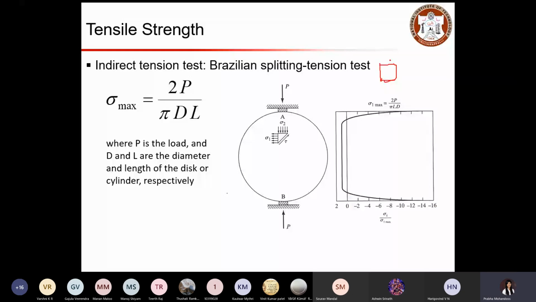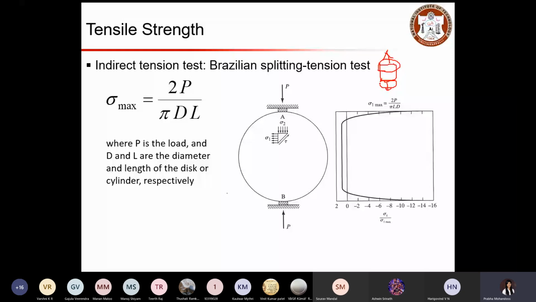When you have to pull the concrete in this way to apply direct tension, you need to grip this portion. So you have to fabricate some special fixtures to grip your concrete. Most often it is very challenging and difficult to fabricate the grips for concrete to do a uniaxial tension test. So that's why the uniaxial tension test is not commonly used.